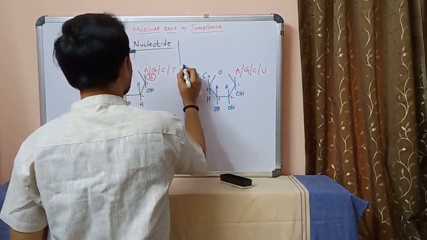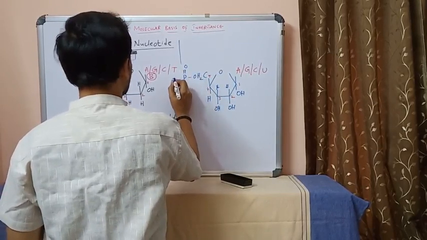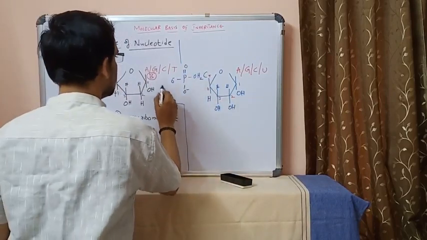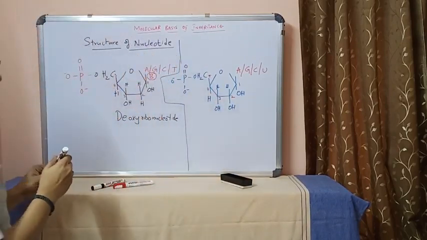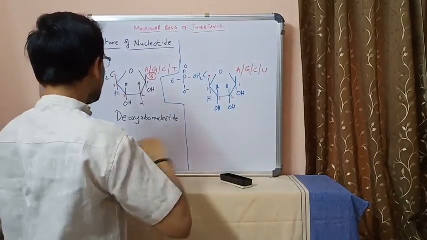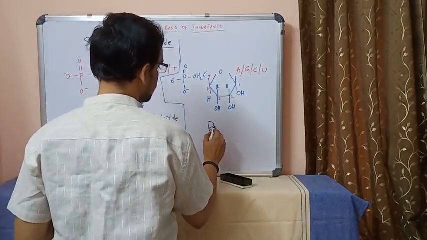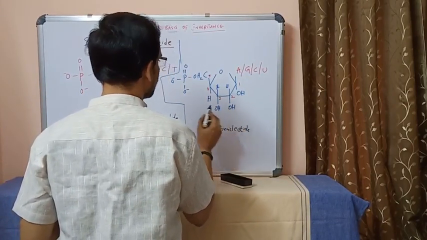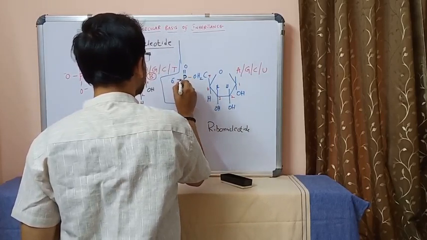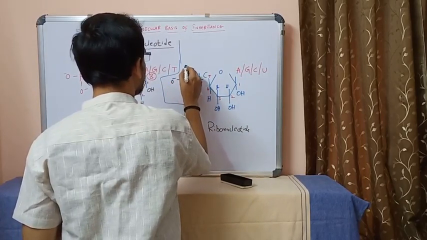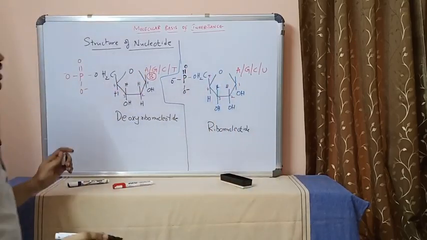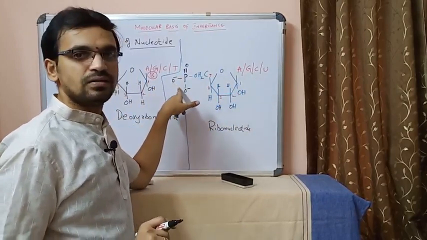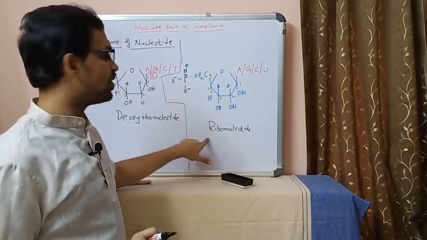P double bond O. So this is the phosphate. Now this is the structure of ribonucleotide: sugar, base, phosphate.